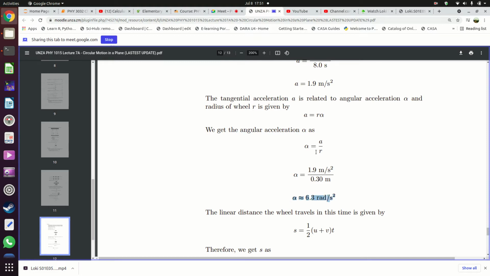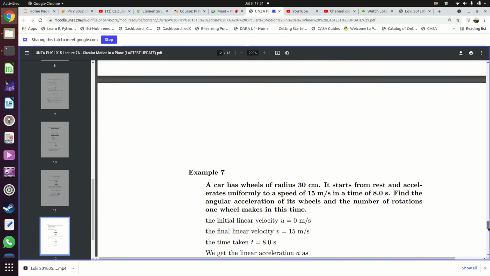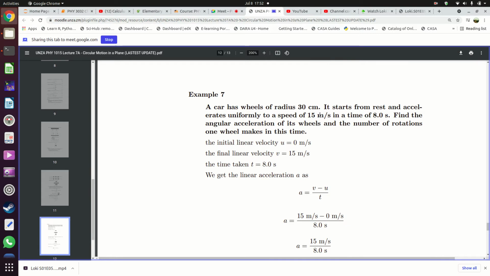This is an easier and faster way of doing things than if you had decided to start changing everything. You can change this 15 meters per second into a final angular velocity.